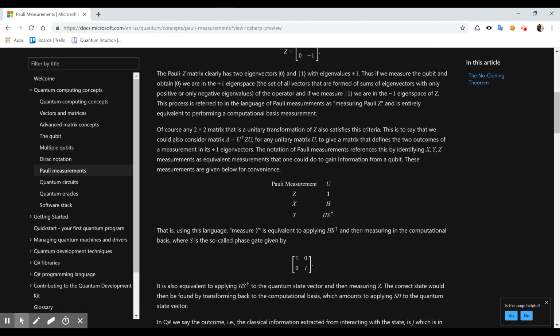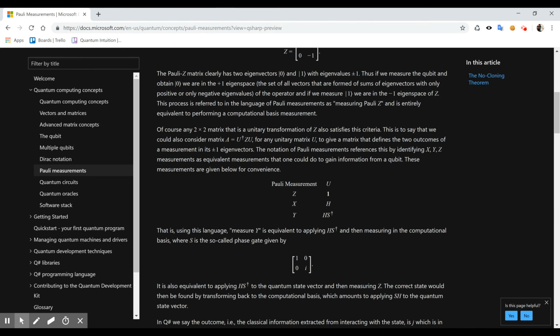Of course, there's information that also has this criteria. One could also consider any unitary matrix to give a matrix that defines the 2 outcomes of a measurement. The idea of Pauli measurements references identifying X, Y, Z measurements, including measurements that one could do for convenience.